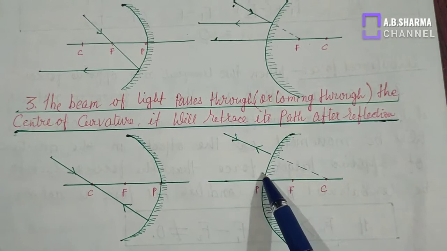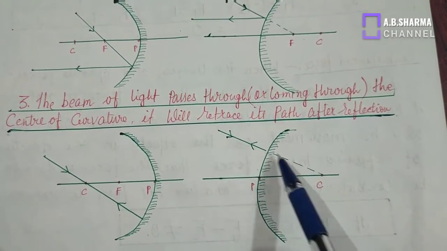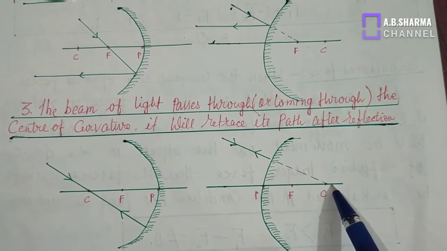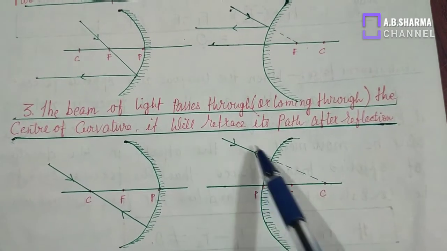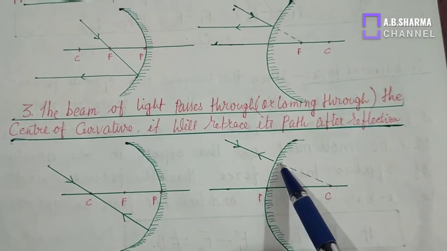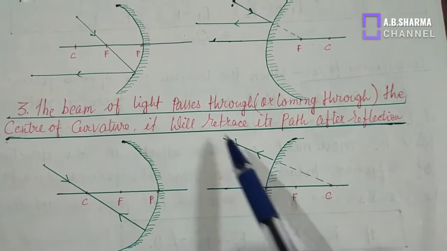In the case of a convex mirror, the light ray directed toward the center of curvature is incident on the mirror and is reflected along the same path.